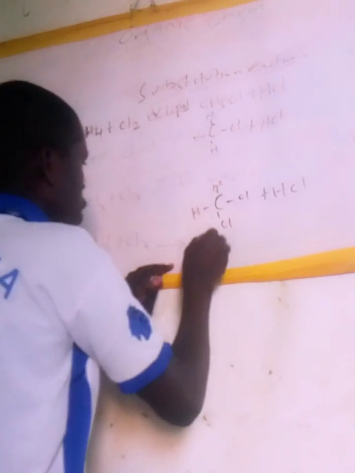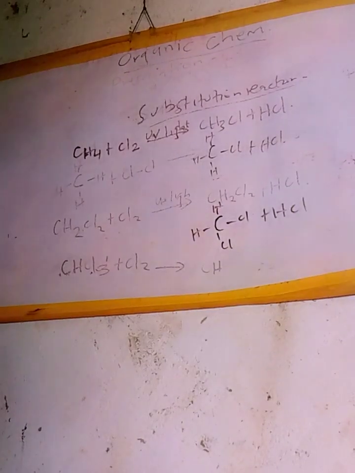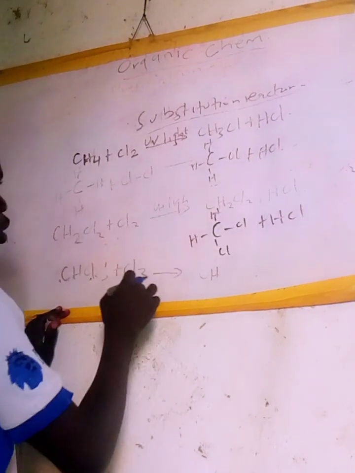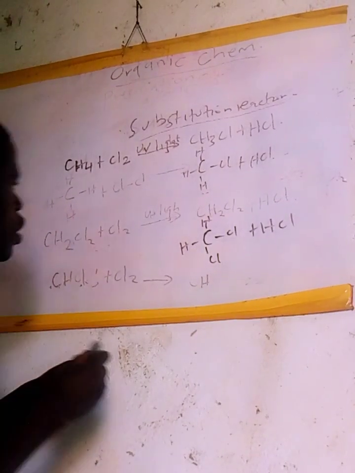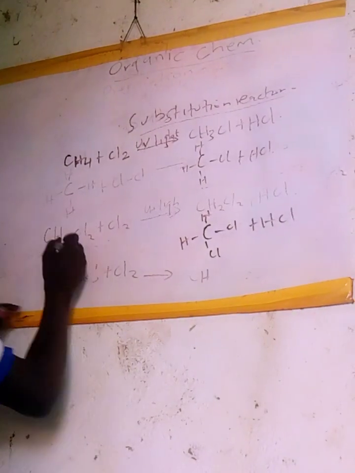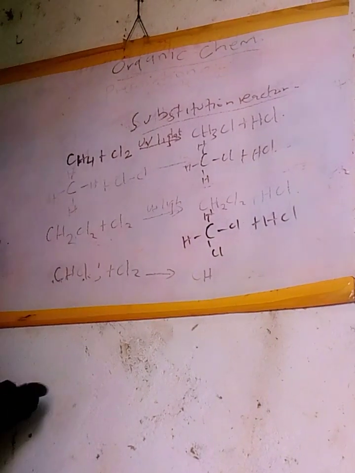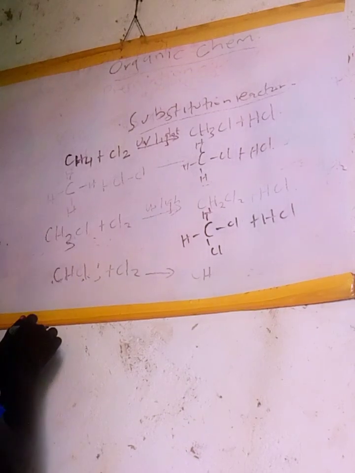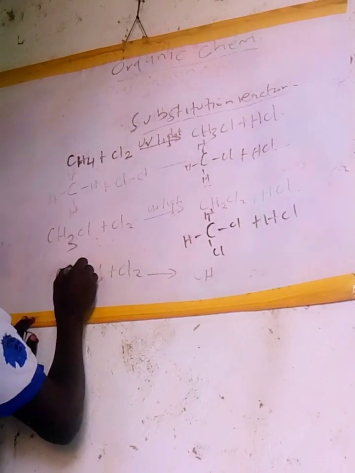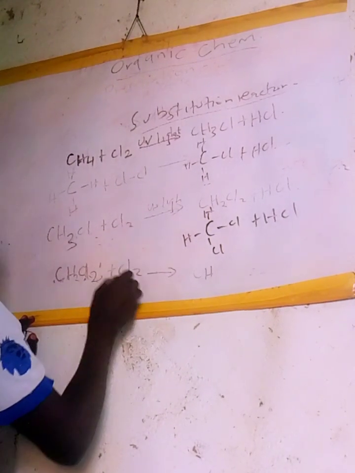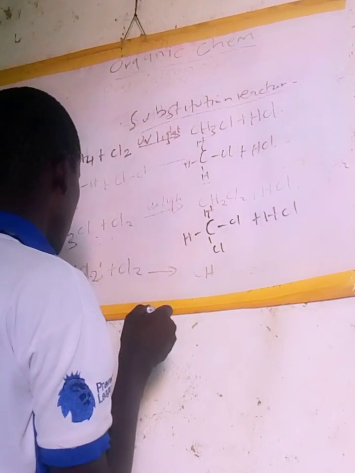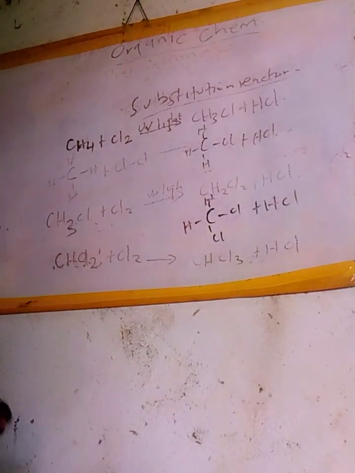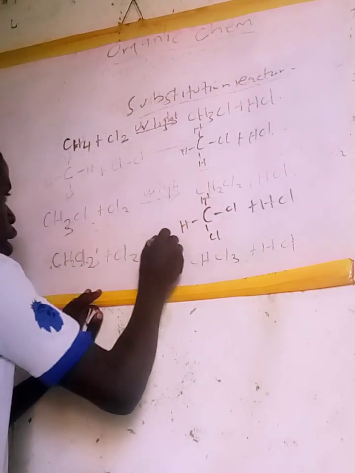We get CH3... sorry, this one was CH2, then Cl2 reacts with this chlorine to produce CHCl3, then plus HCl. This one is trichloromethane plus HCl in the presence of UV light.